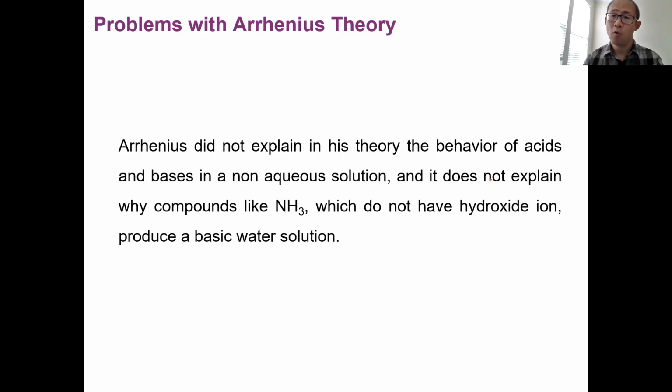The Arrhenius theory cannot explain a compound like NH3, which doesn't have hydroxide, right? We know bases are hydroxide-containing compounds. NH3 is actually a base, but it doesn't have any hydroxide ion in the structure. But when you dissolve NH3 in water, it will produce a basic solution.